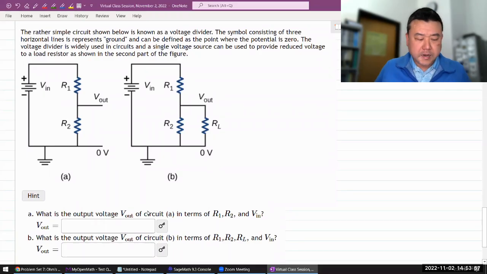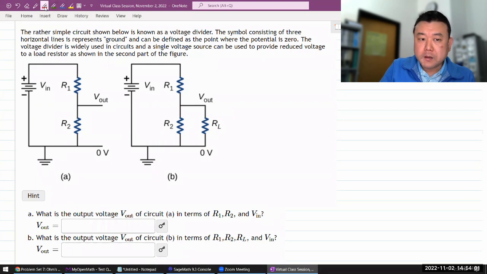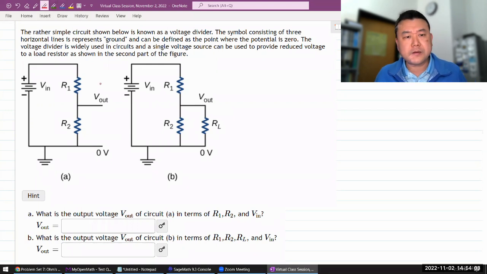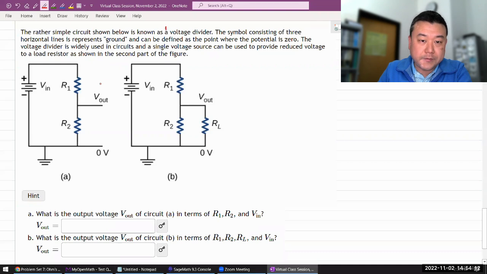So this is the setup for the question, and the question itself is fairly simple, but I want you to highlight it specifically because this is a really common arrangement that you will see when you work with circuits. Colloquially, or maybe even officially, it's called the voltage divider.